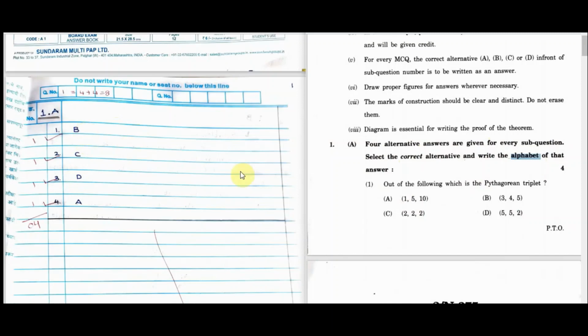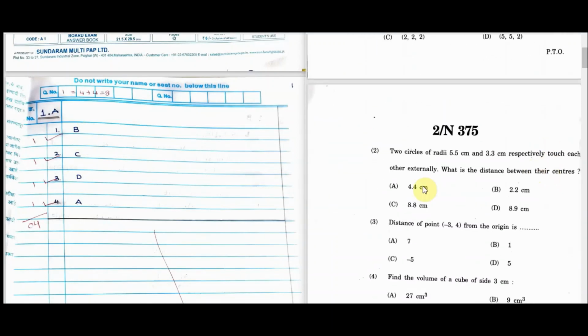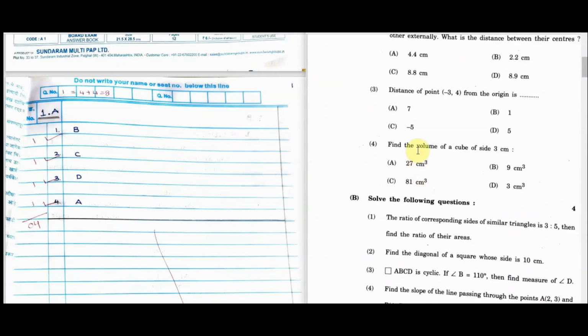For the second the answer is C, for the third the answer is D, and the fourth one the answer is A, that is 21 centimeter cube. For each question you get 1 mark, and 1 plus 1 plus 1 plus 1 is 4. So in question number 1 you got 4 marks for the first part.